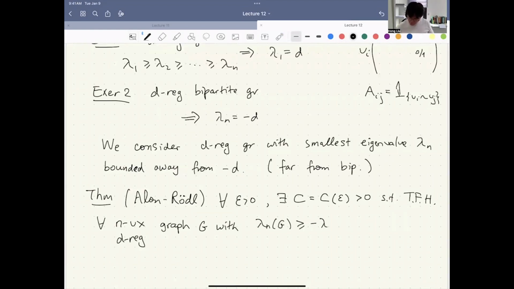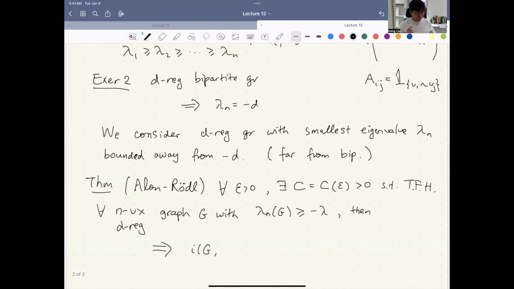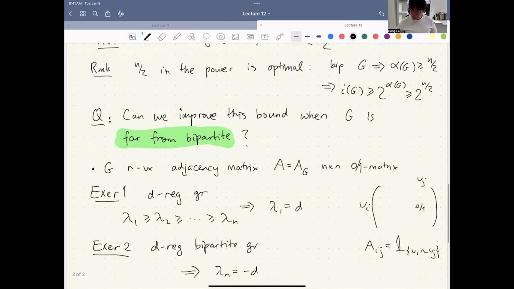Then we have the number of independent sets of size m.